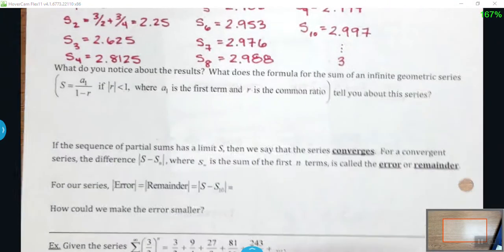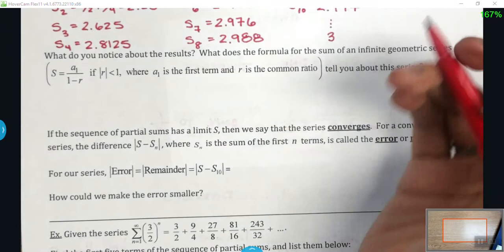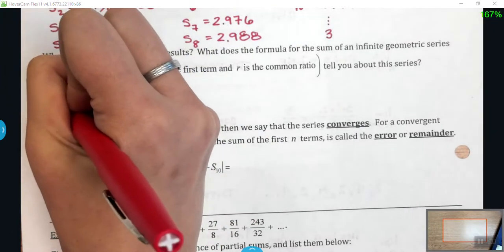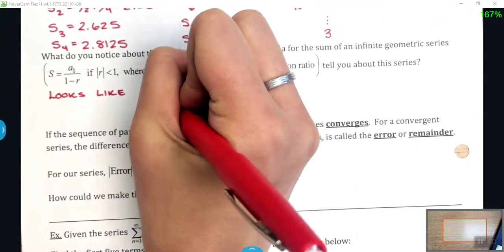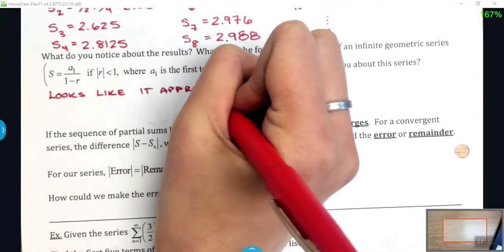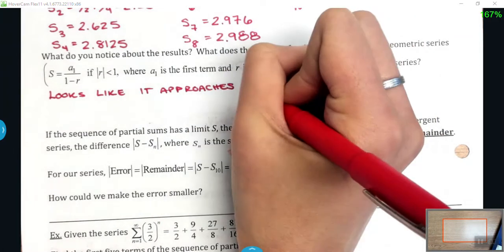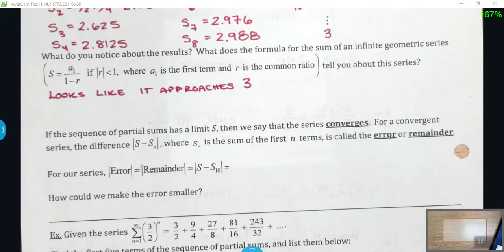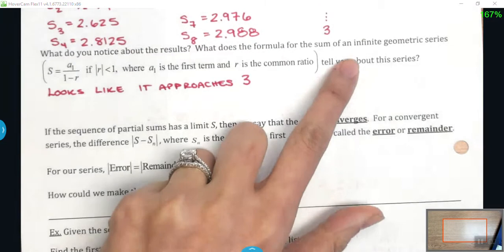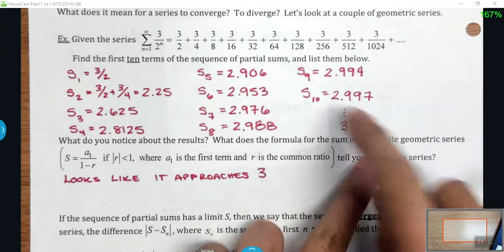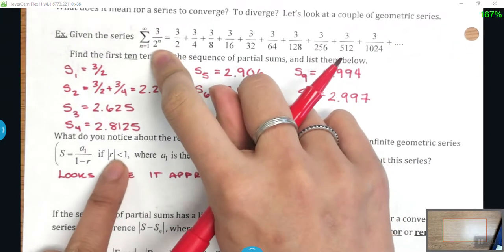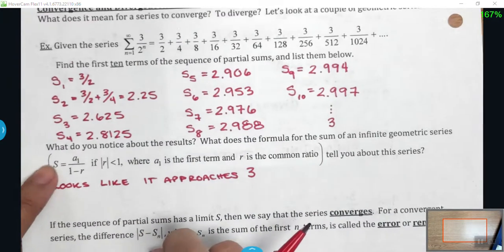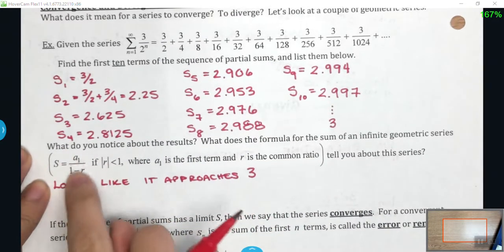All right, so what do we notice about the results? It looks like it's approaching 3, right? Well, back in Algebra 2, you learned the sum of an infinite geometric series, because this is an infinite geometric series. If your r is less than 1, then the sum is this formula, right?